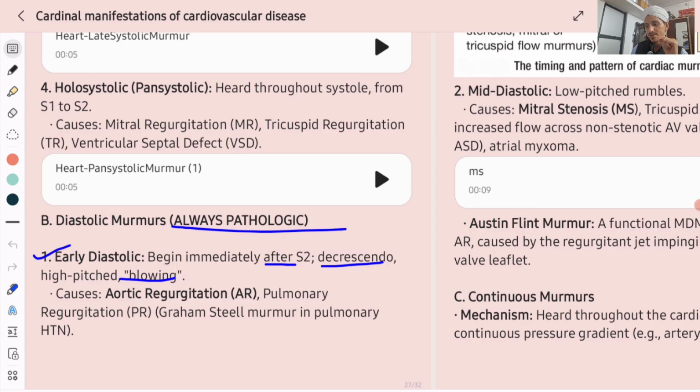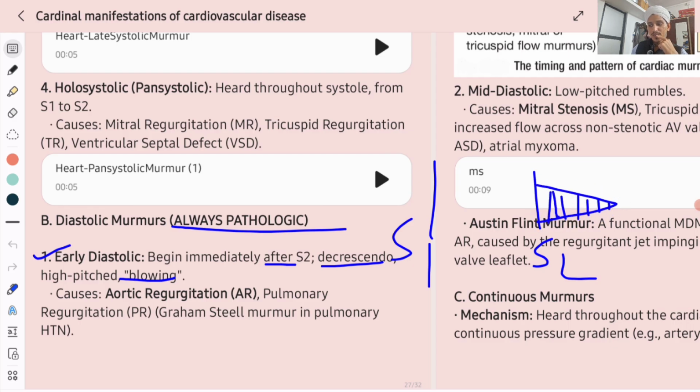If this is S1 and this is S2, like this. This is early diastolic murmur, and this is classically seen in aortic regurgitation and also in pulmonary regurgitation.